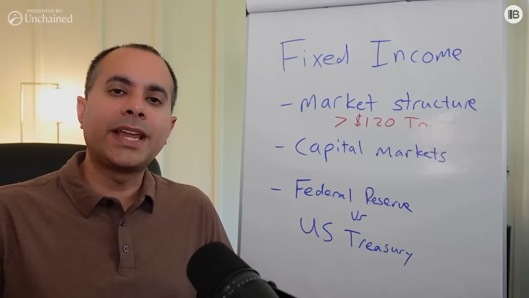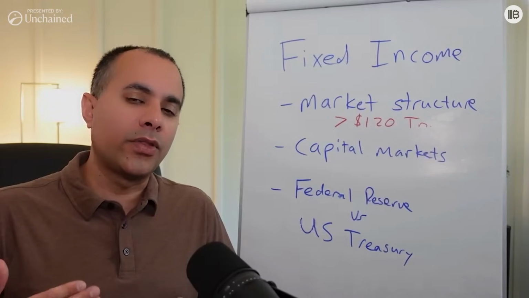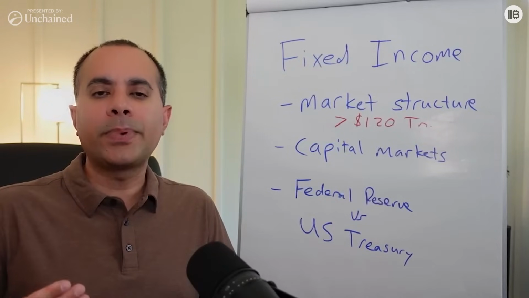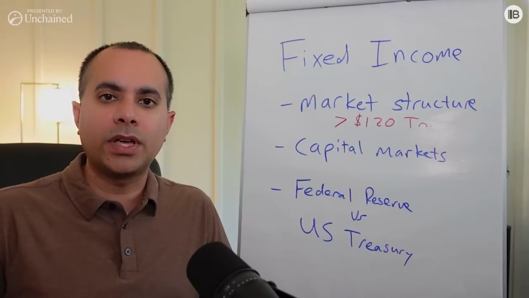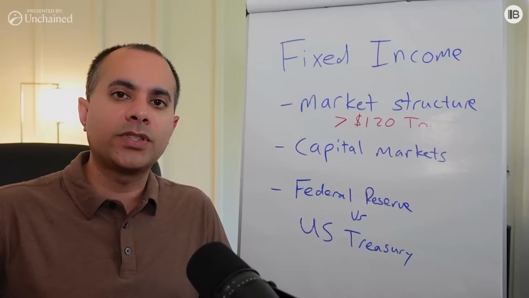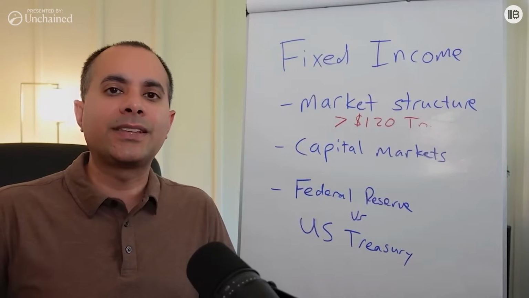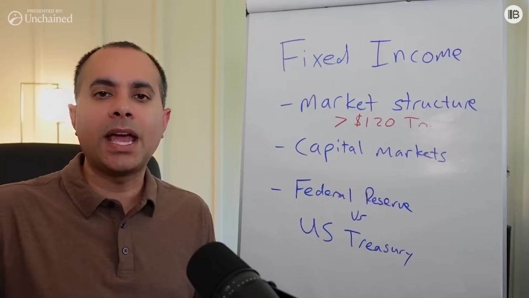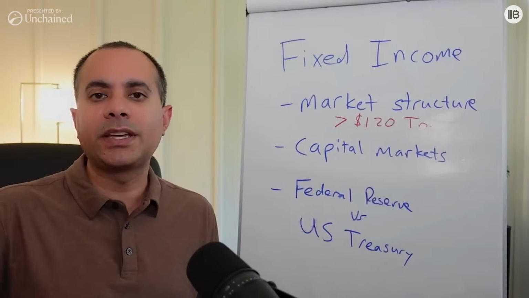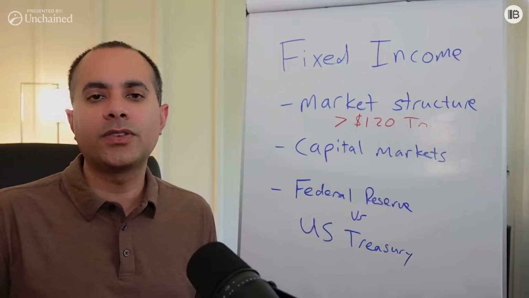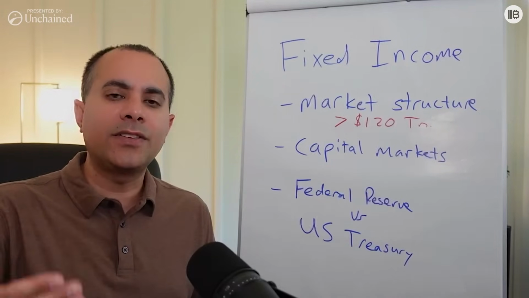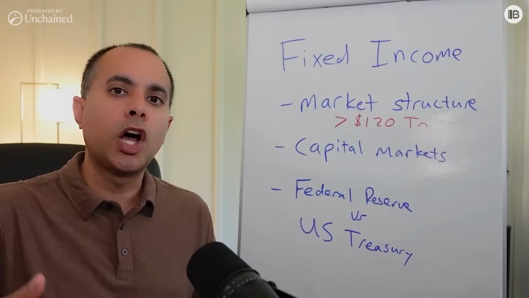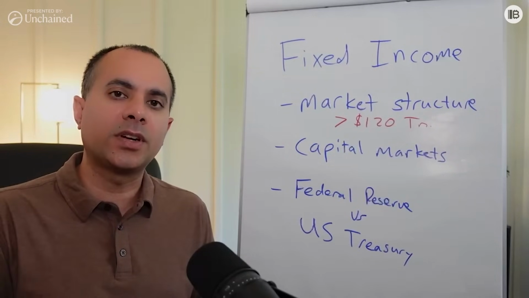Now, who are the lenders? The lenders, or the buyers of these fixed income securities, are people or investors that are looking for a fixed return on their capital and something that is somewhat guaranteed. So buying a US Treasury security that yields 4% for 10 years will get that investor a 4% dividend, or what's called a coupon in the fixed income world.